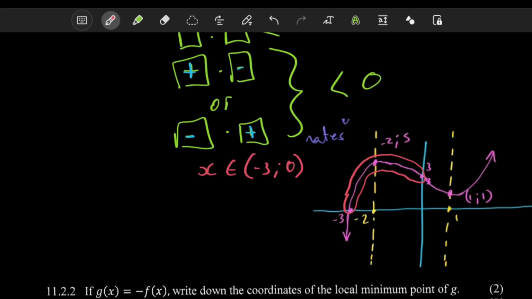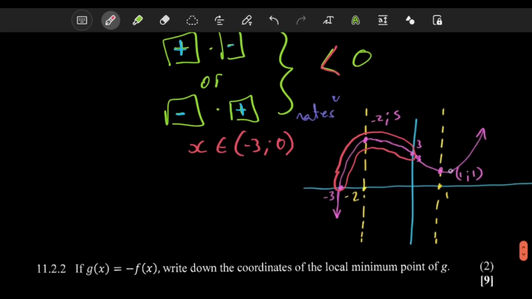So we have to say from -3 to 0 without including the -3 and the 0, because at -3 y is a 0, and at 0, x is a 0. If either one of these is a 0, it doesn't work out because we need an expression that is below 0, not equal to 0. So x is between -3 and 0.